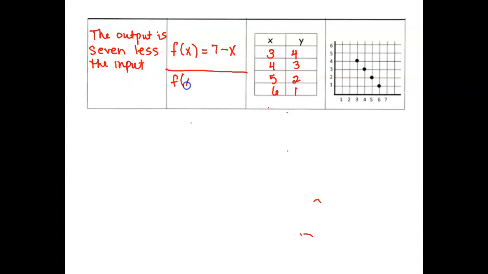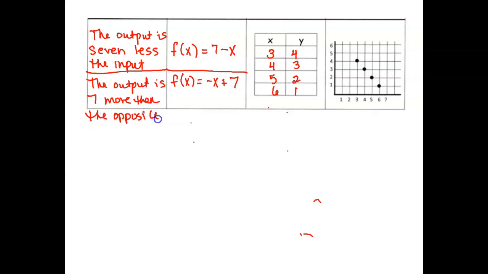If you had f of x is equal to negative x plus 7, if you did it like that, your rule would be the output is 7 more than the opposite of the input. Those two would be equivalent.